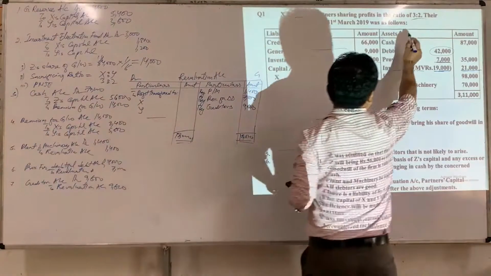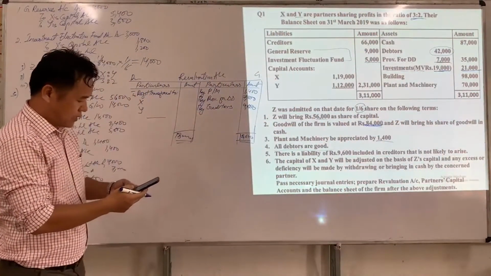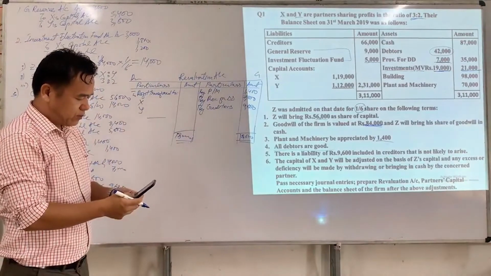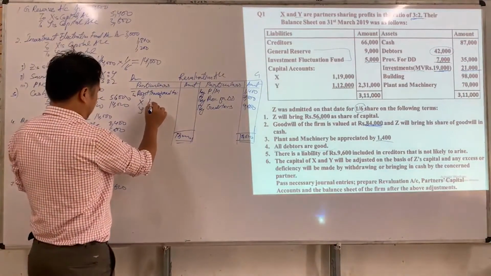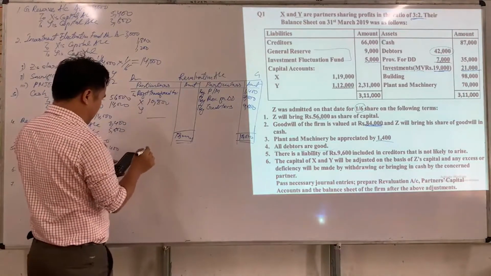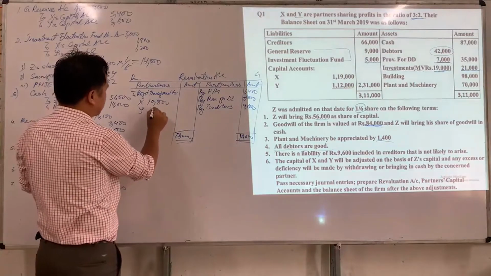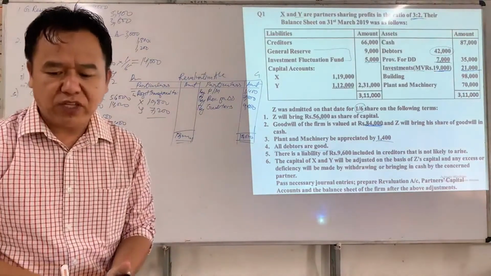Yes, the old profit sharing ratio is 3:2. 18,000 multiplied by 3 divided by 5. So X will get how much? 10,800. And Y will get how much? 7,200. Okay, so with this we are done with revaluation account.